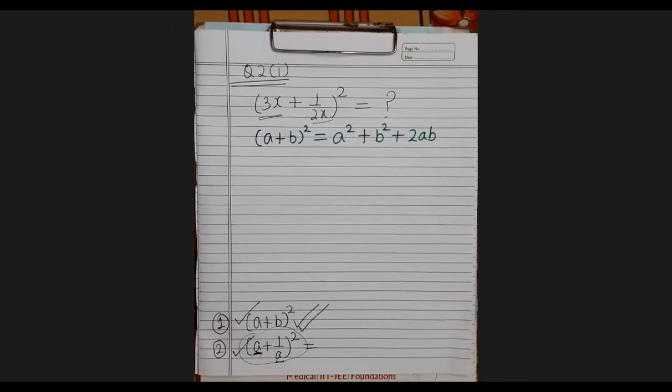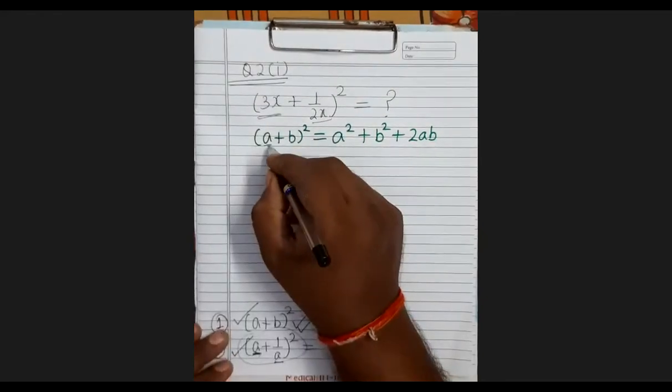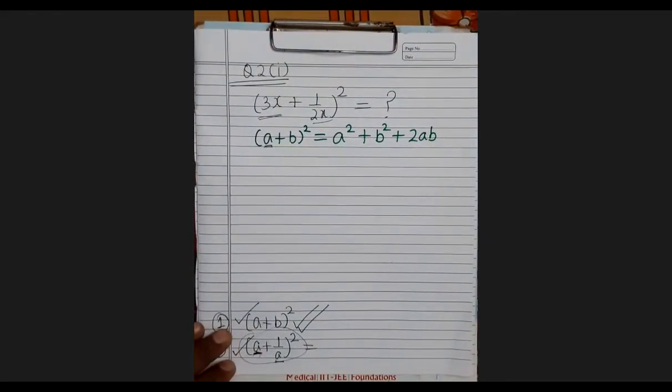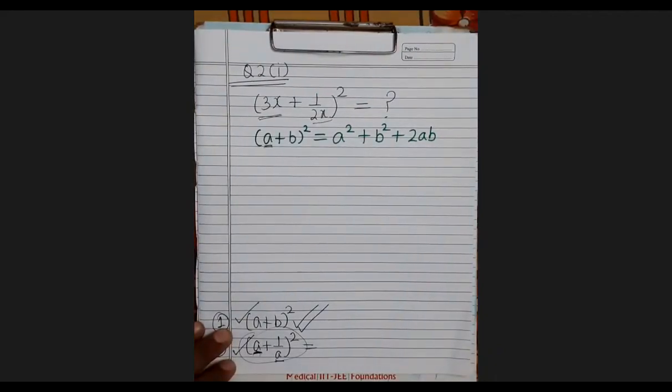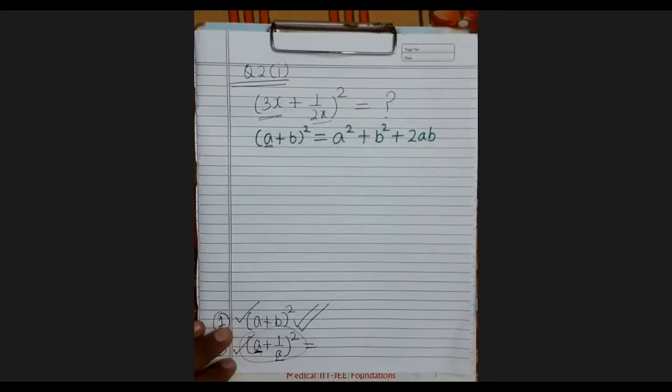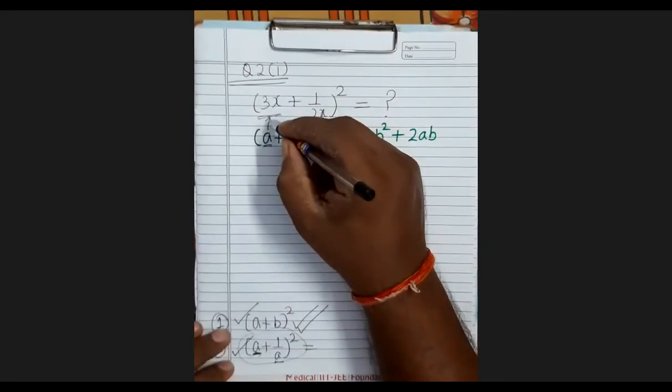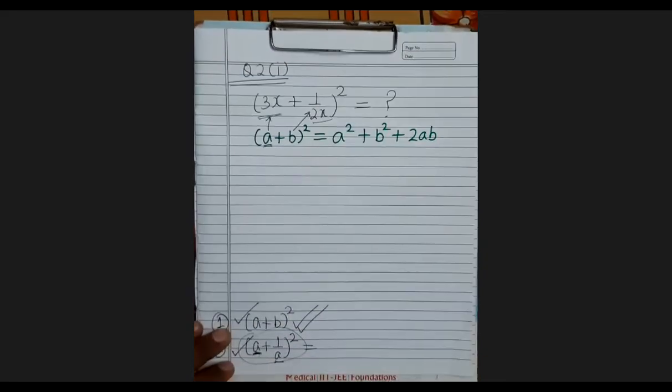I am asking what is in place of A. Aditya Bajpayee. Sir, 3x. It is 3x. What is in place of B here? Now answer. 1 upon 2x. Very good. What is in place of A? 3x. What is in place of B? 1 upon 2x. Is it clear?